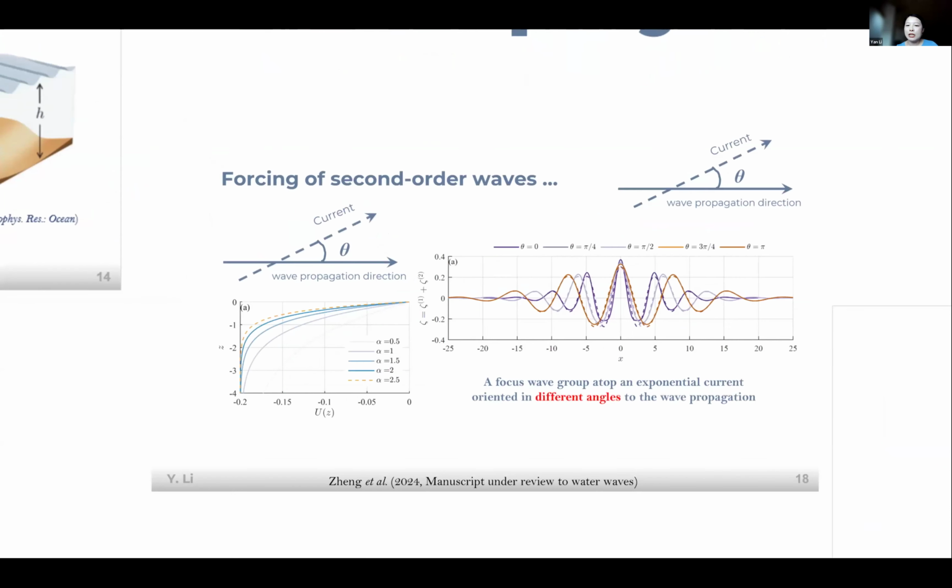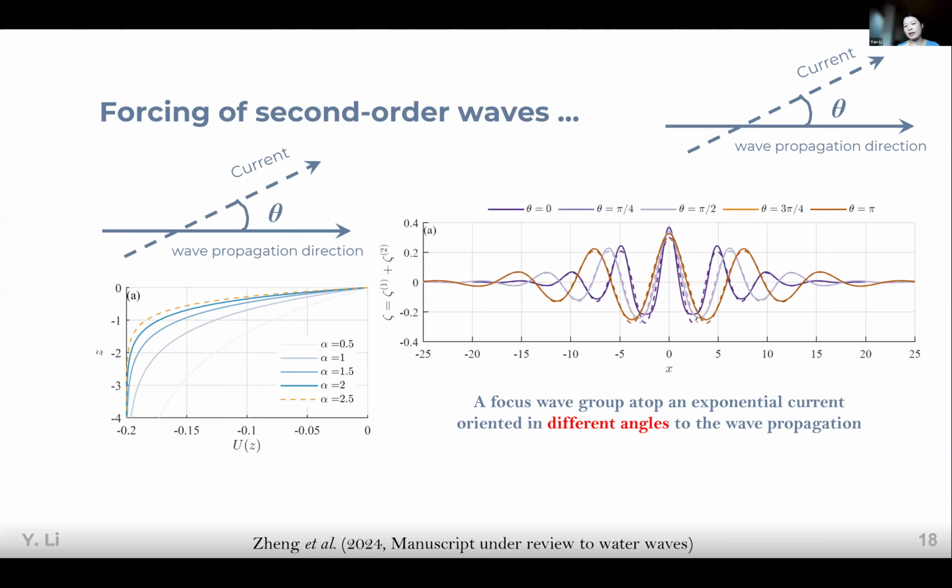Now we consider a scenario where we have a focused wave group, which we assume linearly focuses at a given time and space. We are using the same exponential shear current, and we will vary the angle of current propagation relative to the wave propagation.